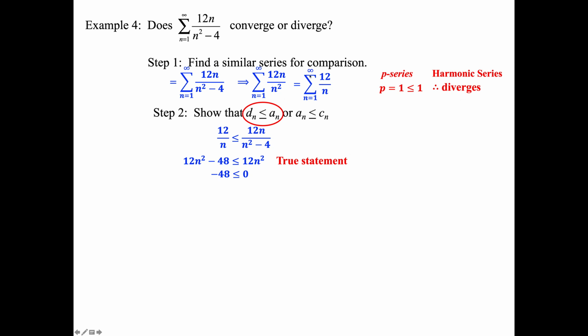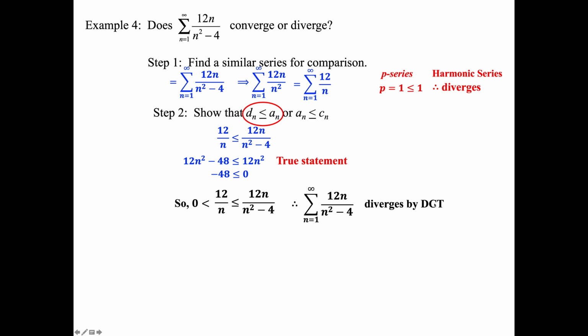So since our similar series diverges, then our original series has to diverge. So again, 0 is less than our similar series, our sequence function, less than or equal to our original a sub n sequence function. So therefore, the original series diverges by the direct comparison test.